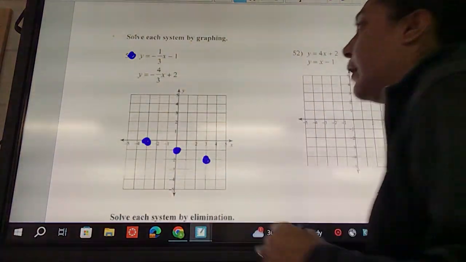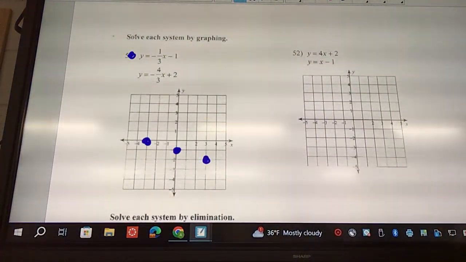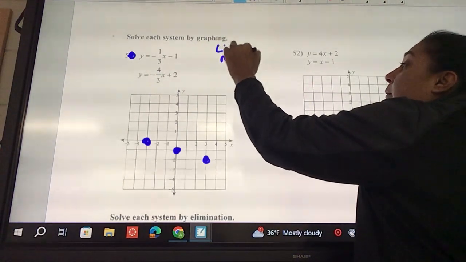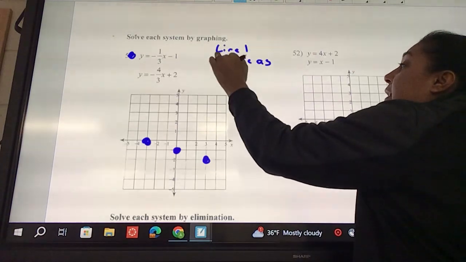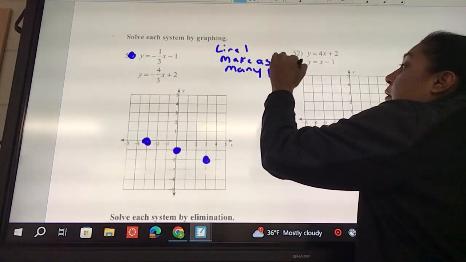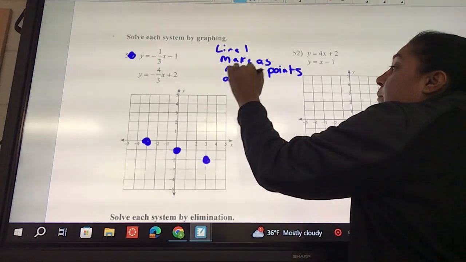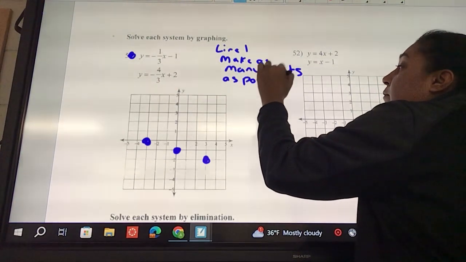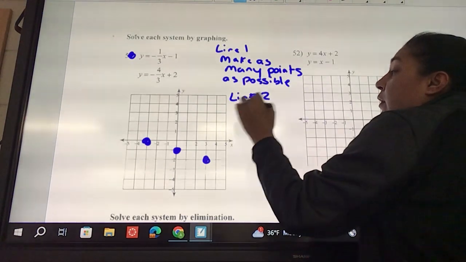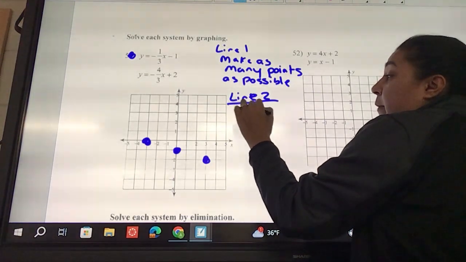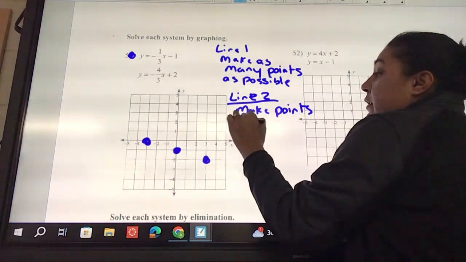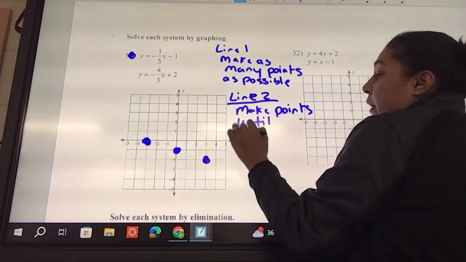The one note I would say: line 1, make as many points as possible. Line 2, make points until the intersection.